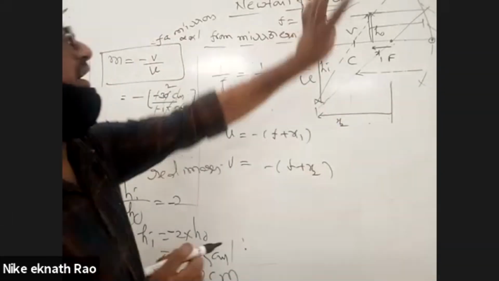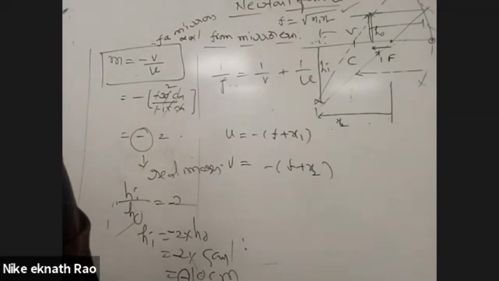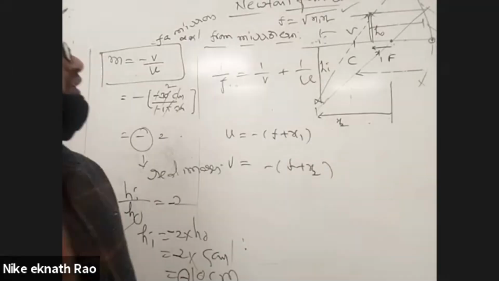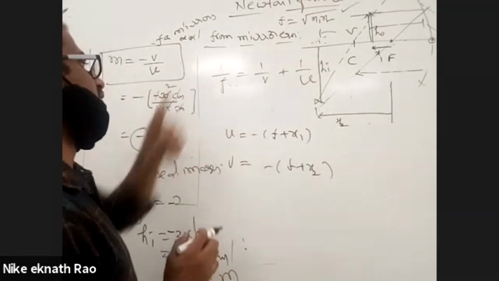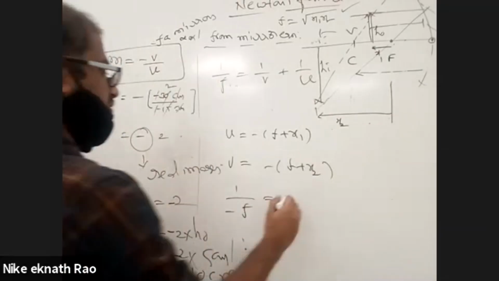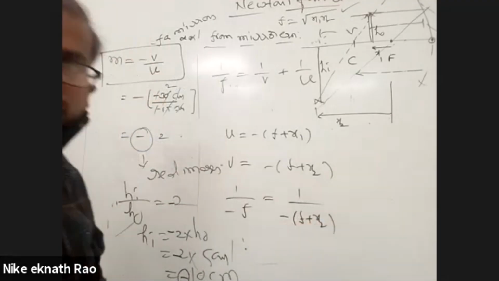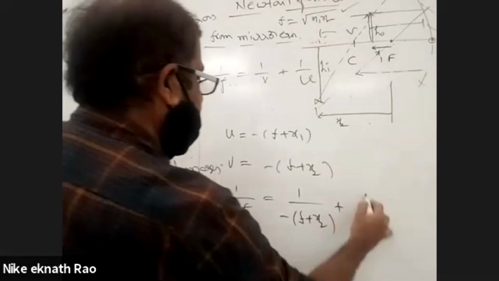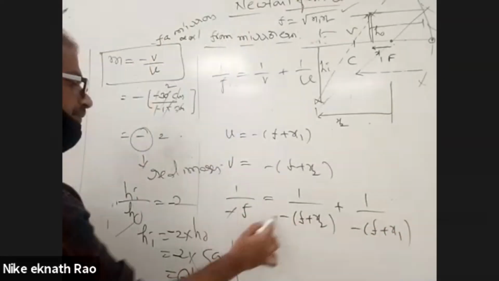Now for the mirror formula, 1 by f is equal to 1 by v plus 1 by u. Simplify it. You can take concave or convex according to your choice. If I take concave, focal length is negative: minus 1 by f is equal to 1 by v plus 1 by u, where v value is minus of f plus x2 and u is minus of f plus x1.